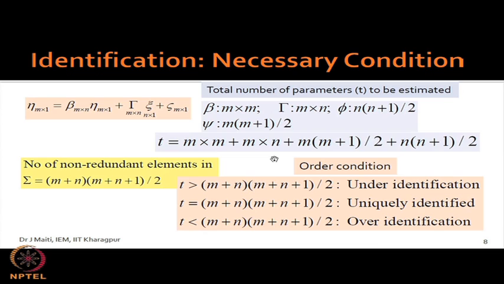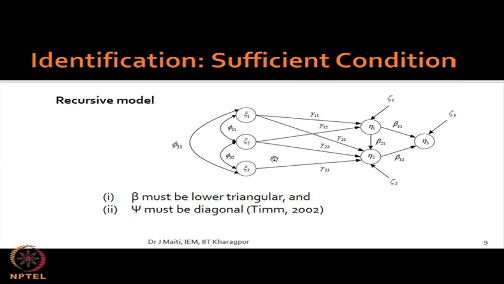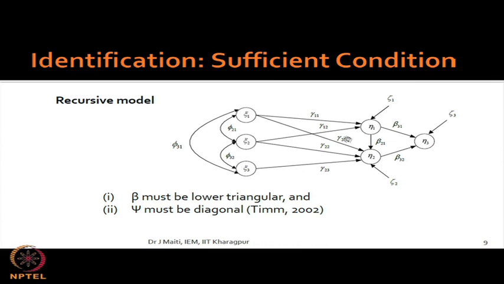Now, let us see here, there are two types of model in path analysis. One is the recursive path model, another one is the non-recursive path model. Now, see this figure. In this figure, the direction of the arrowhead is going in one direction, basically xi 1 to this to this, there are no bidirectional arrows. So, eta 2 is not affecting eta 1.